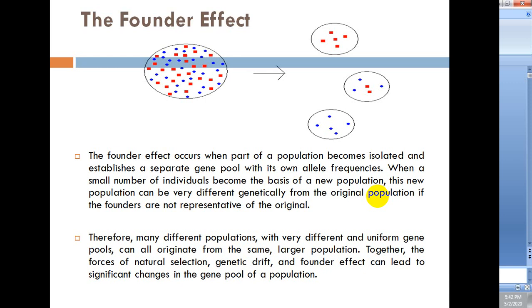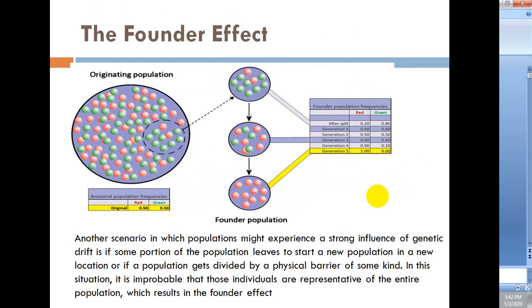Therefore, many different populations with very different and uniform gene pools can all originate from the same larger population. Together, these forces of natural selection, genetic drift, and founder effect can lead to a significant change in the gene pool of a population.